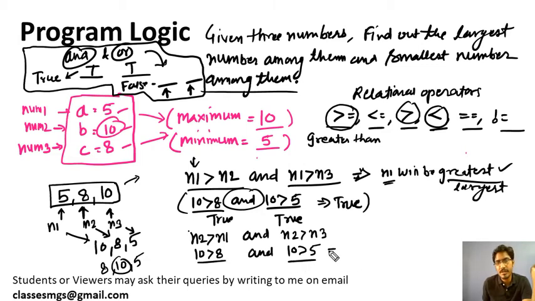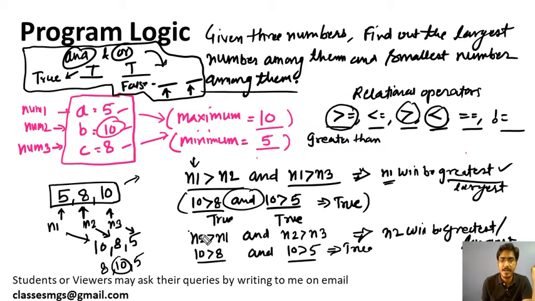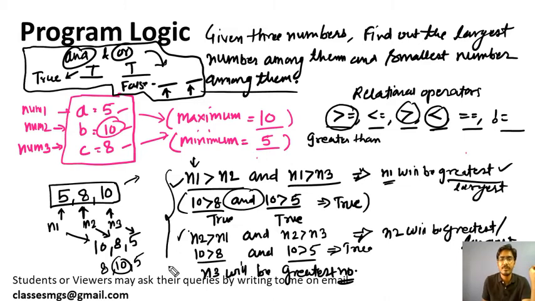In this case also it will return true, and we will say n2 will be the greatest or largest. This is how you will do it. Otherwise, let's suppose n1 is not greater than n2 and n1 is not greater than n3, and n2 is also not greater than n1 and n3, then definitely n3 will be the greatest number. Okay, so this is how we will build our logic.